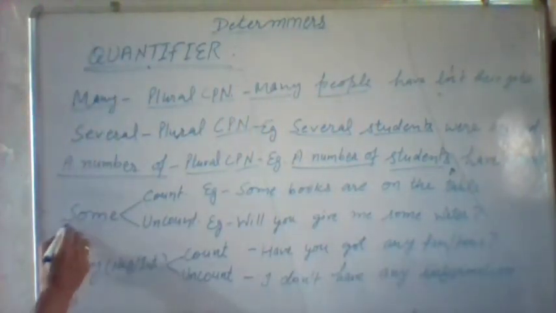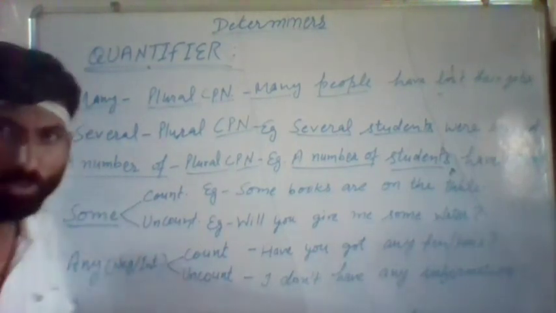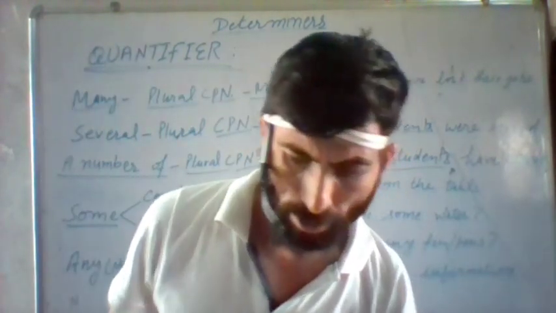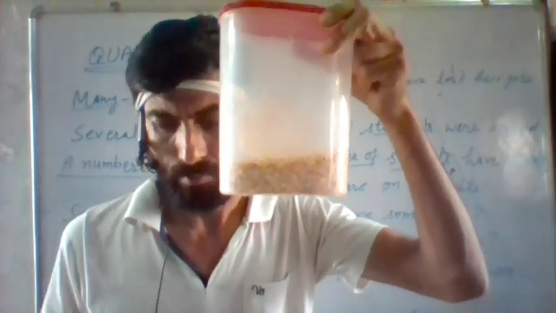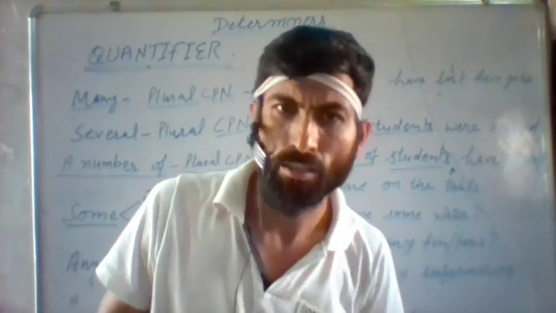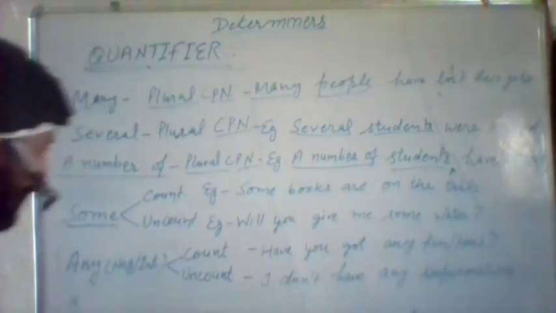Next is some. Let's focus on this some. For example, I have some pens, I have some grains. Both are right, countable and uncountable both.